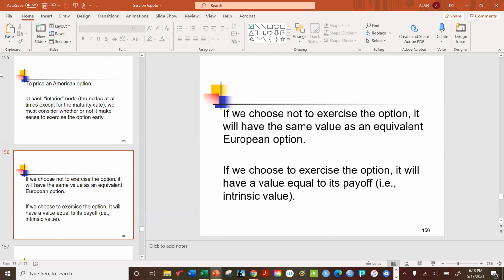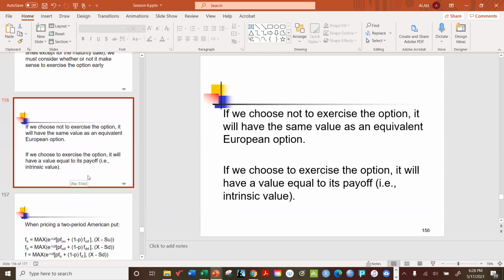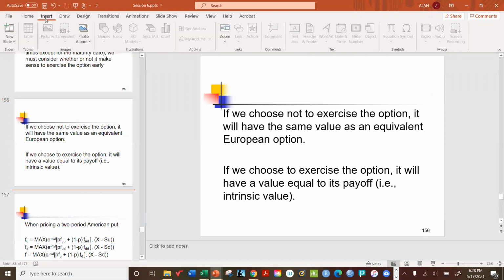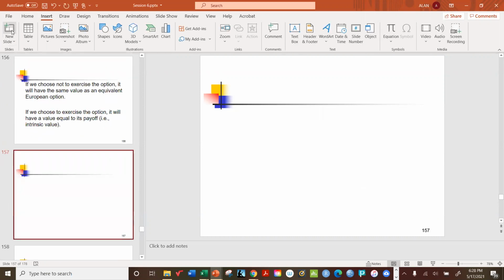So, for example, suppose this is an American call. And this is node FU, which means that the stock price is SU.